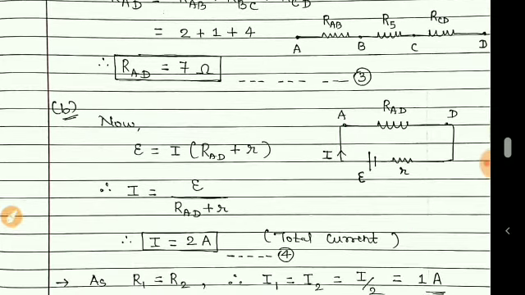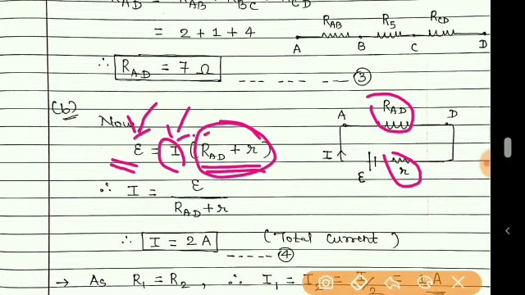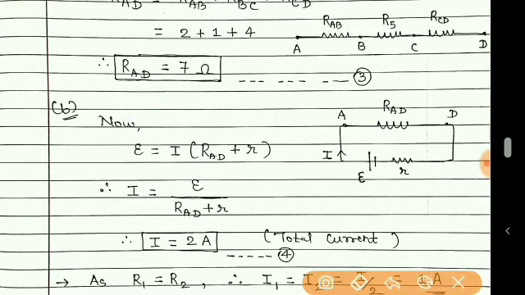And so EMF is equal to I into total resistance now, that is RAD plus R. So it is simply like V is equal to IR. Here R is total resistance including this internal resistance, and now we want to find the current. So make this the subject I. So I is equal to epsilon upon RAD plus small r.